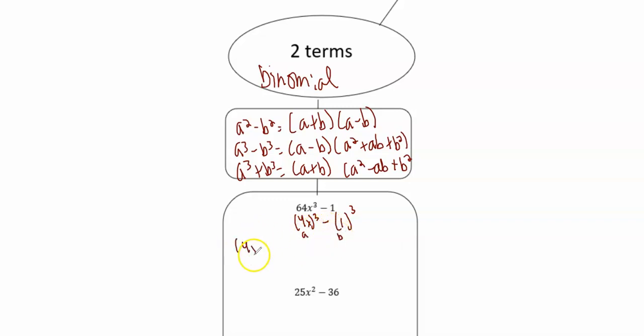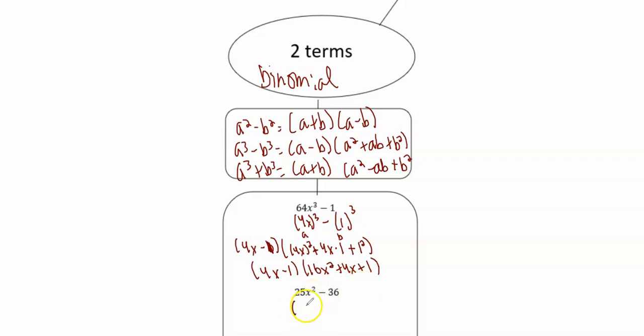So I do a minus b, a squared minus a times b, and then b squared. Sorry, this b should be a 1. So that was difference of cubes.